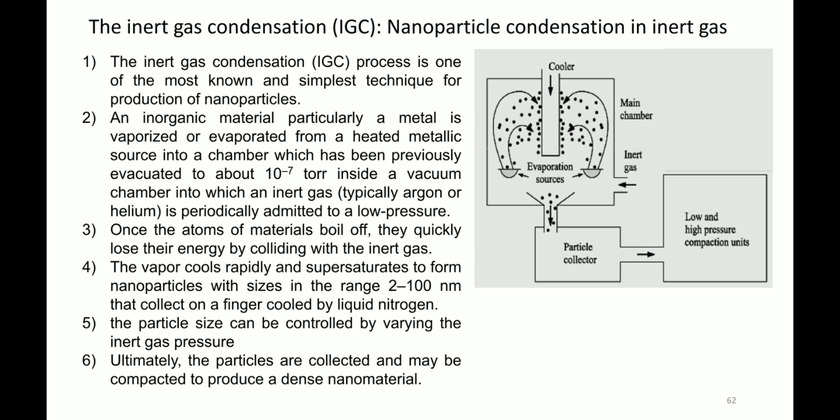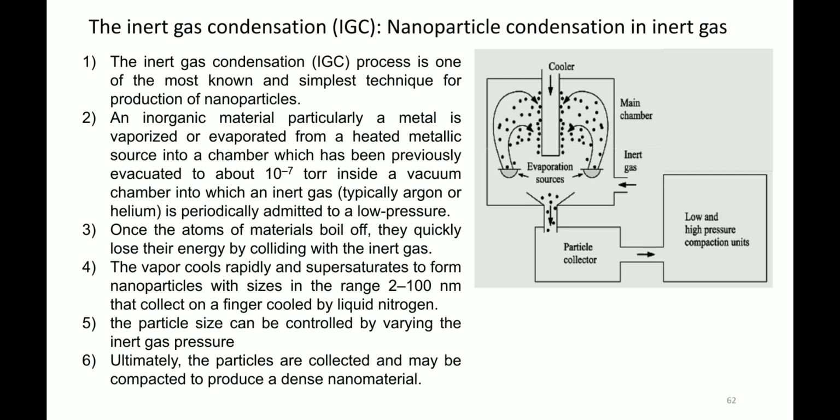An inorganic material is an important condition here, because inorganic materials are stable in most atmospheric conditions, so it is easy to prepare them. An inorganic material, particularly a metal, is vaporized or evaporated, or sputtered. You can vaporize it using a sputtering technique, or you can evaporate it by supplying heat energy.